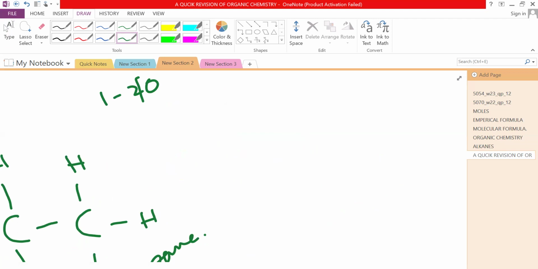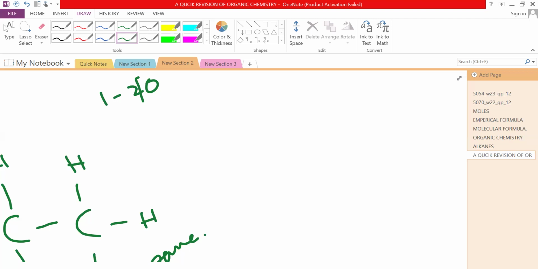Hex means 6, hept means 7, oct means 8, non means 9, and dec means 10. So these are 10 prefixes which you need to remember to write the compound formula, the structural formula, or to name the compounds in organic chemistry. This was one example of alkane. They have no double bond, they only have carbon single bonds.